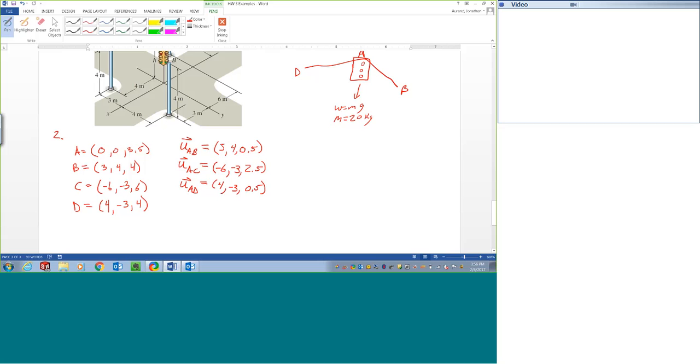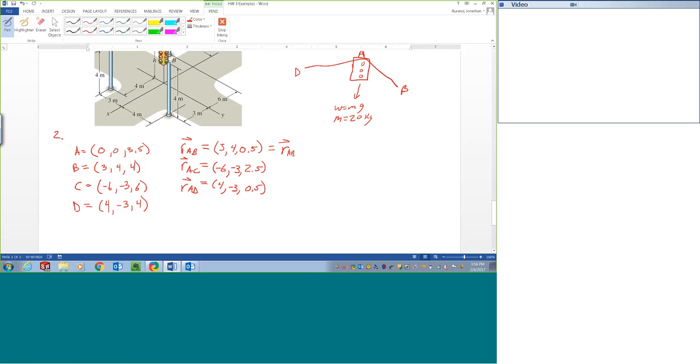So if I find the magnitudes of these, the magnitude UAB, sorry, get rid of my U, they're really R's, so position vector.